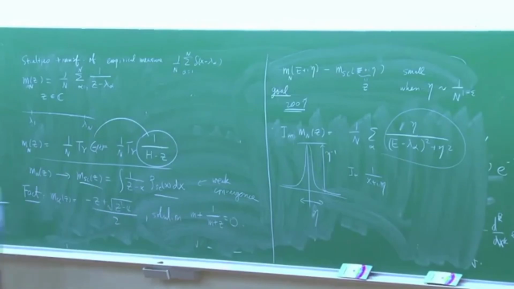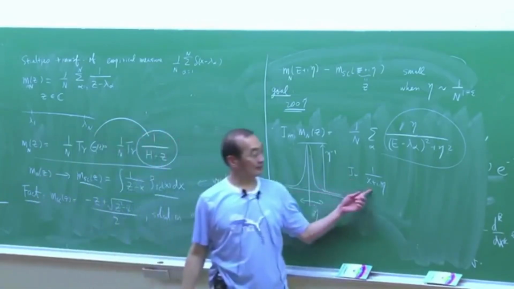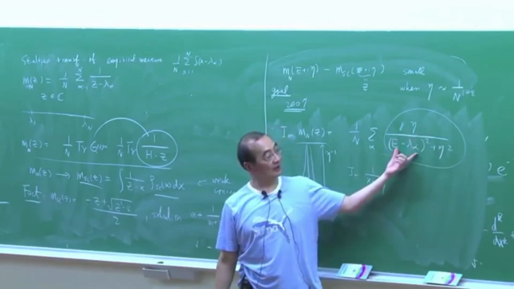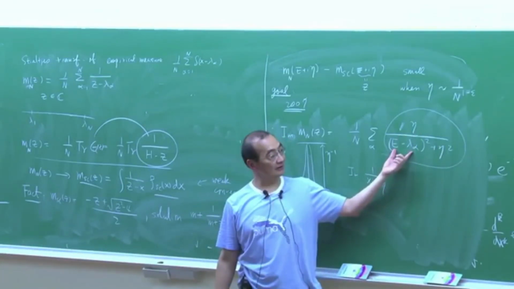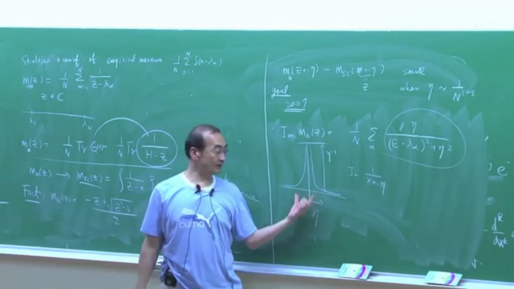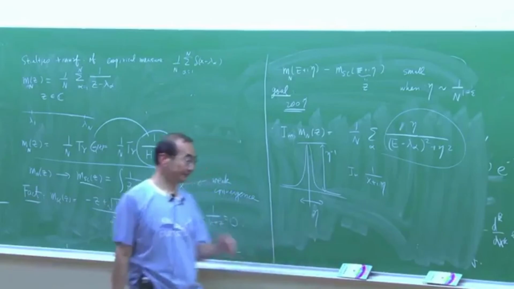This is correct because the imaginary part of 1 over (x plus i eta) is eta over (x squared plus eta squared). So when x is of order eta, this is 1 over eta, and the width is eta.